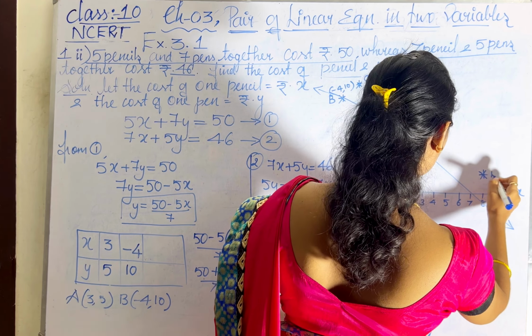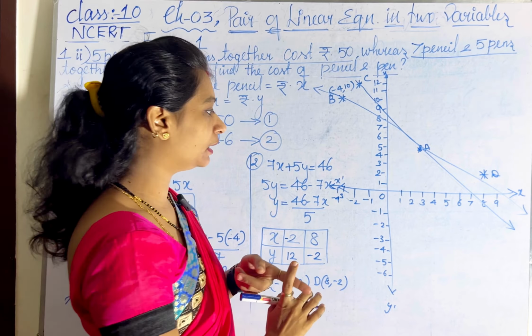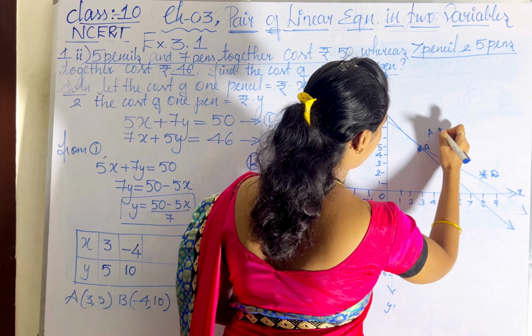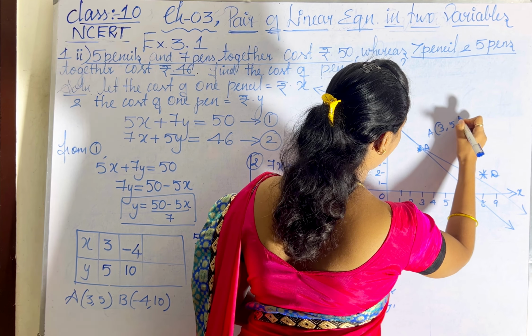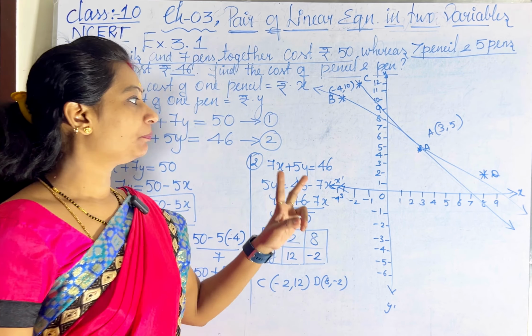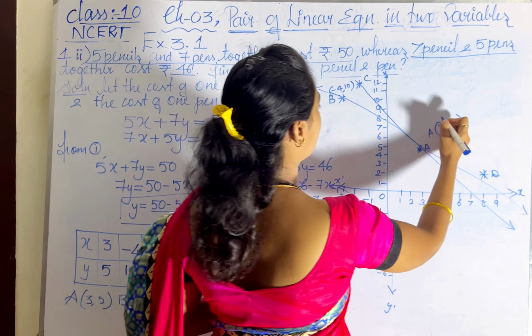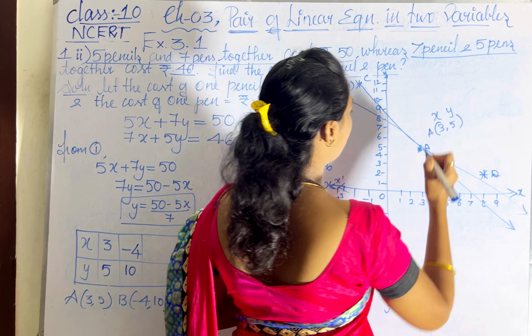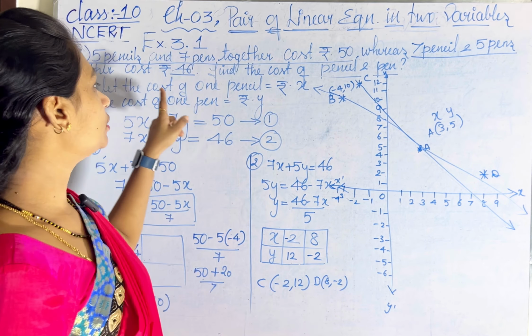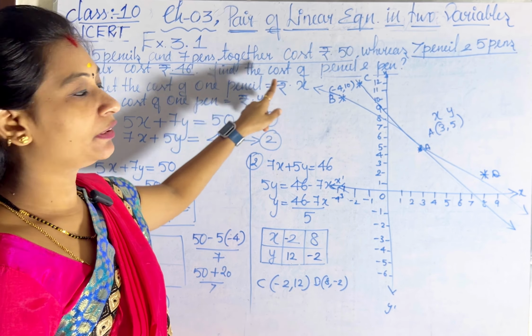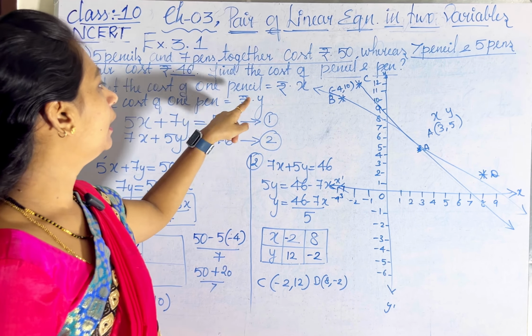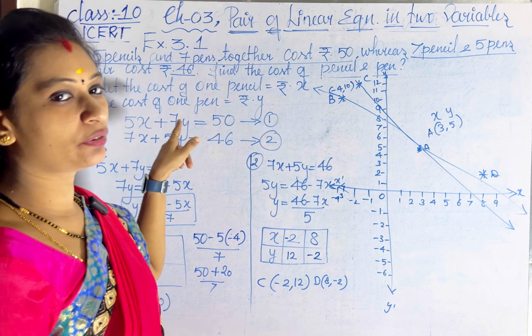When you join C and D, the intersection of these two lines will be at the point A, that is 3, 5. The two lines intersect at the point 3, 5, which means that x, y will be 3, 5. So we have assumed x as the cost of one pencil, and y as the cost of one pen.